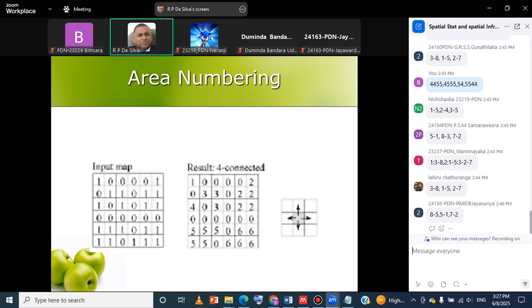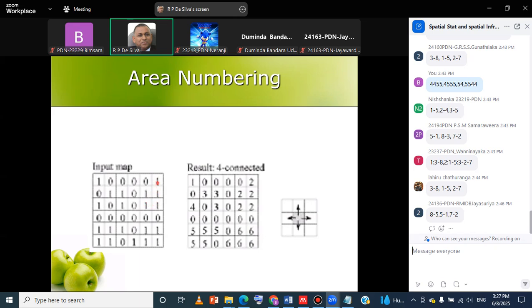So if there is water in this particular cell, and the water is here, is it the same water body or a different water body? It's the same water body because this is all connected. So if you look at this, the entire area is one water body.